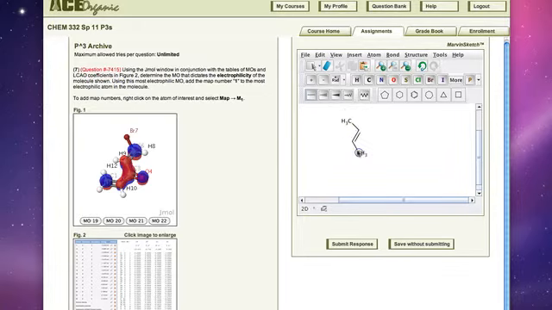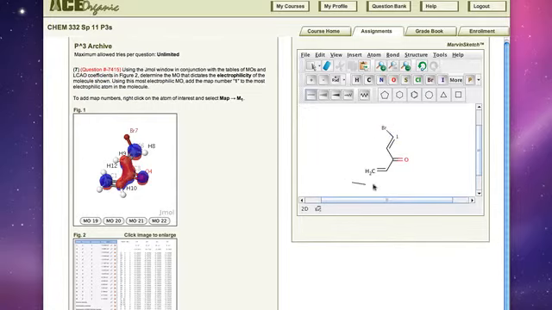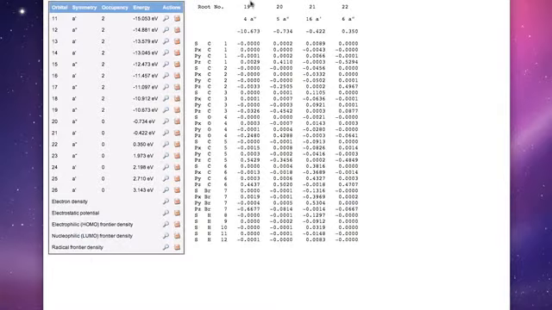So drawing the structure very quickly, we can map C6 by just typing capital M6. Oh, and we're supposed to map it with a 1. That's the most electrophilic atom in this molecule, and we could tell that very easily just by finding the LUMO and looking for the largest coefficient.